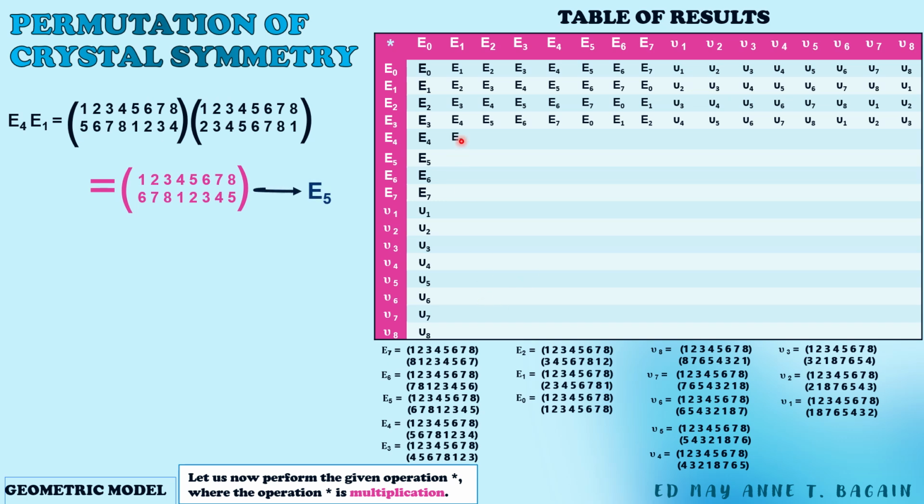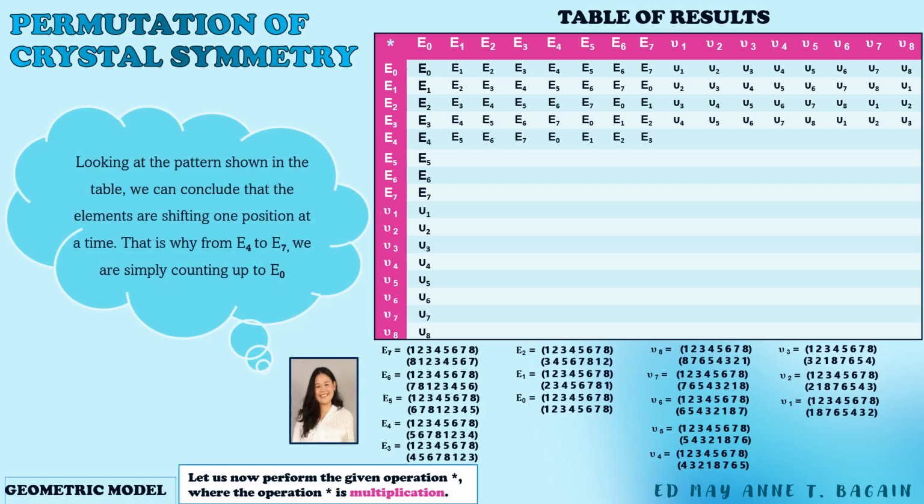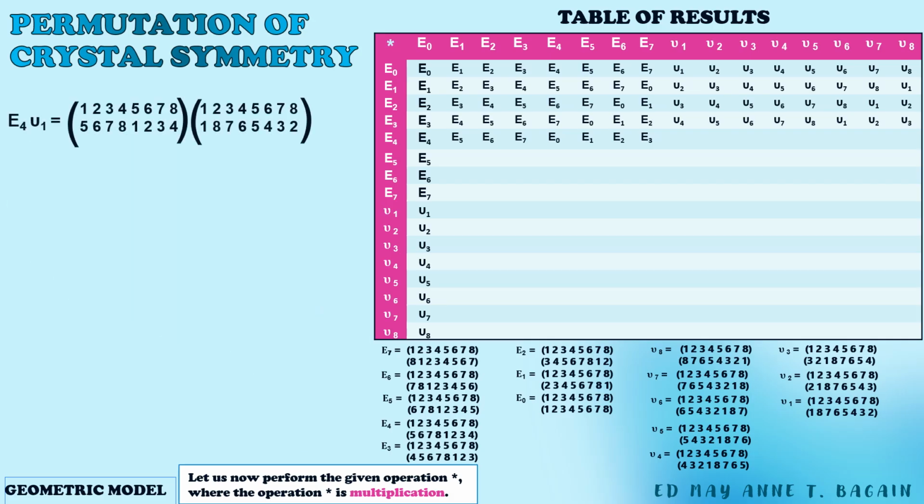So now that we know it's epsilon sub 5, from 4, 5, 6, 7, 0, 1, 2, and 3. Let's check if that's how it will be happening. Okay, I'm correct. So that's how we get the answer. So let's check what would it be if we multiply it to epsilon sub 1.